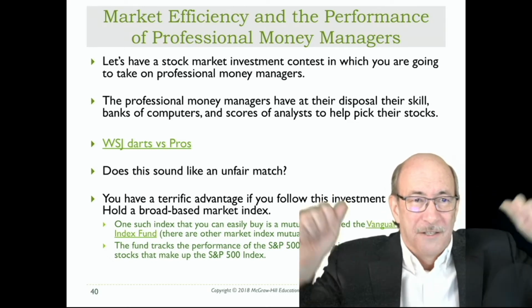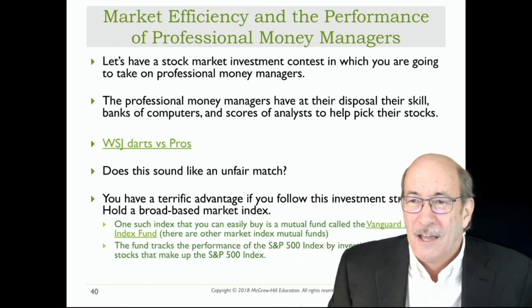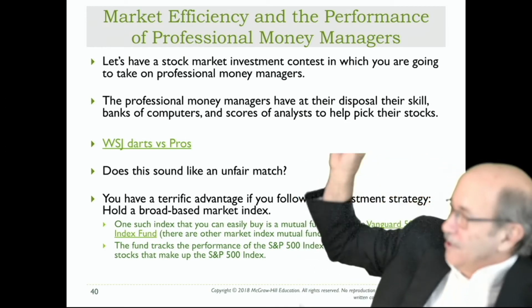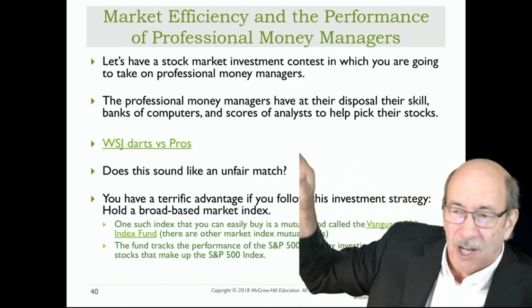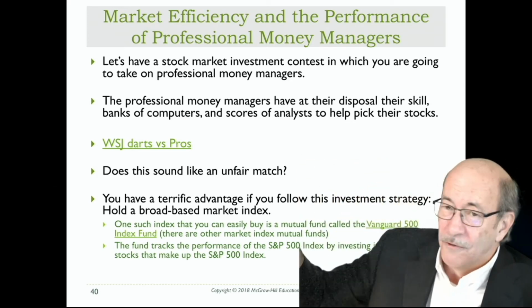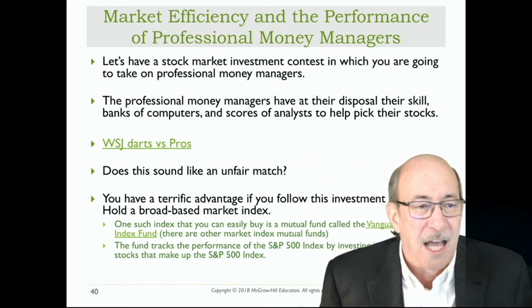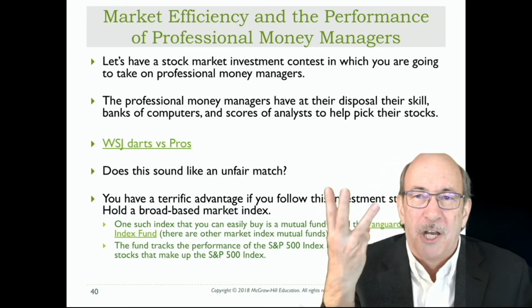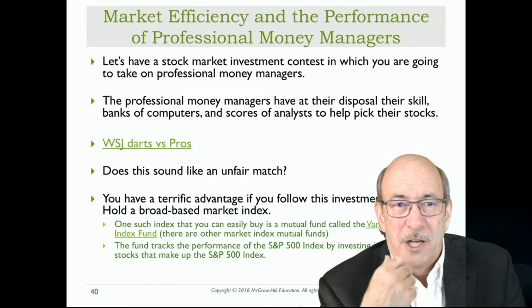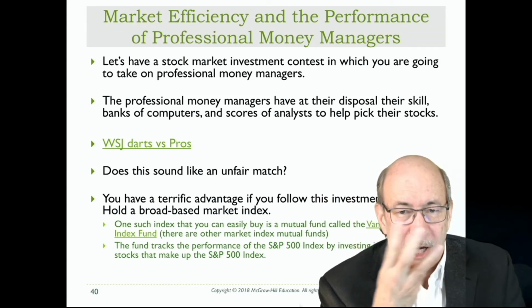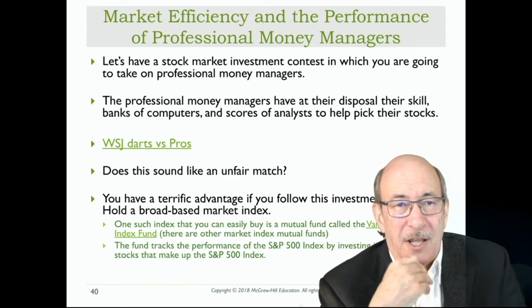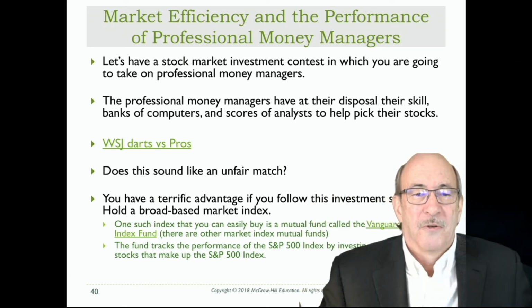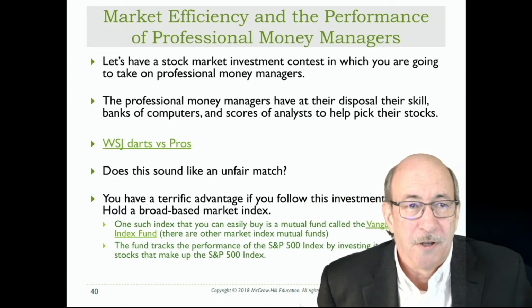They'd staple those up to the wall, have somebody stand back about 20 feet and throw darts, and wherever that dart landed, that was the stock. They threw 3 darts, then they got 3 professional money managers to pick 3 companies, and then they waited and compared the returns of those 2 portfolios.